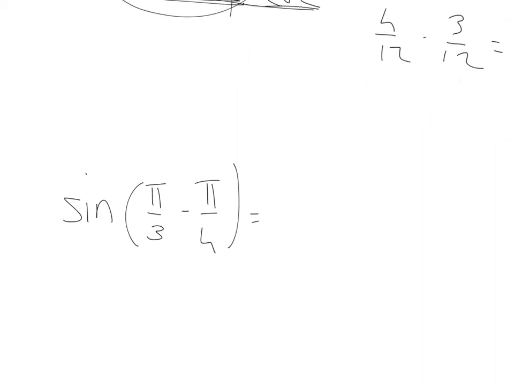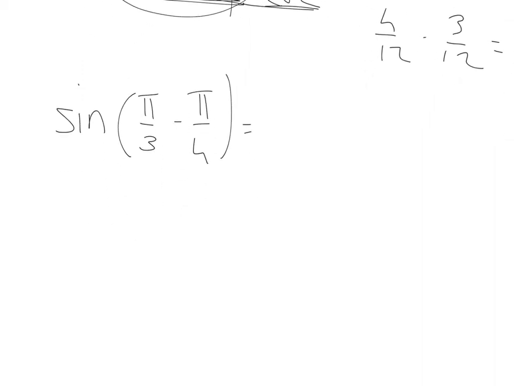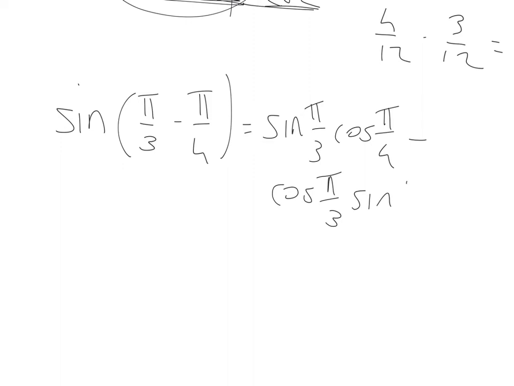So sin minus expansion is sin A cos B minus cos A sin B. So it's going to be sin pi/3 cos pi/4 minus cos pi/3 sin pi/4.